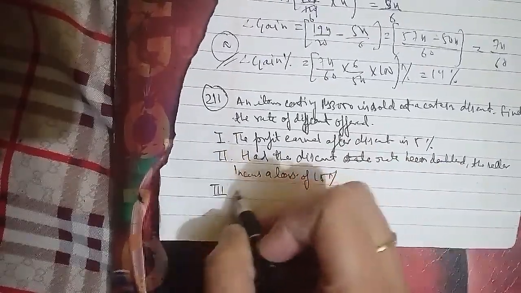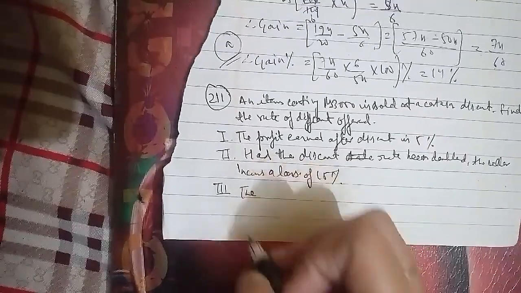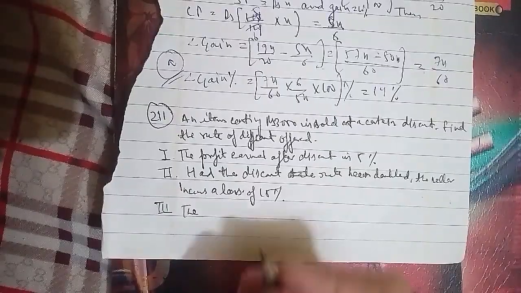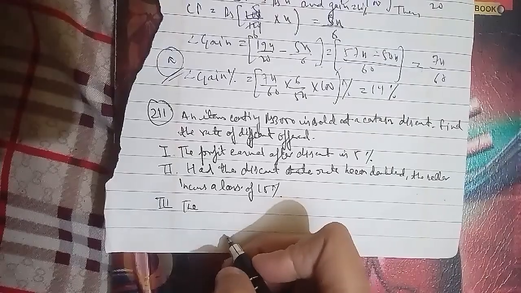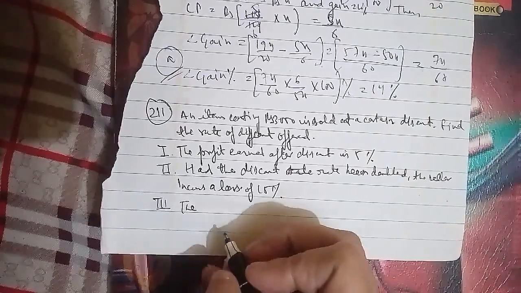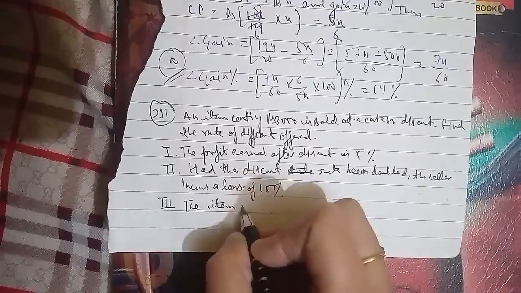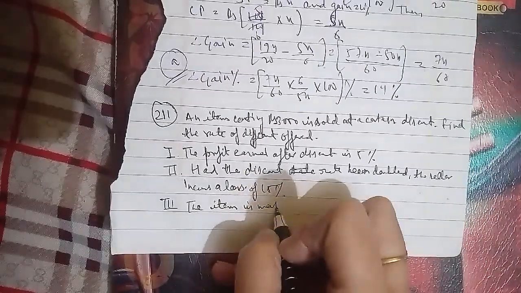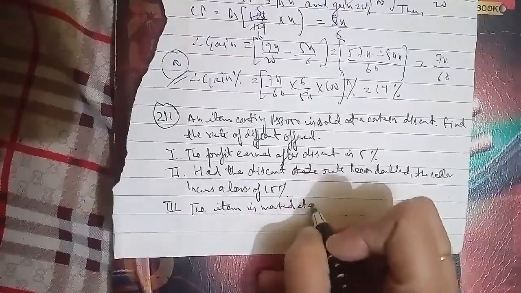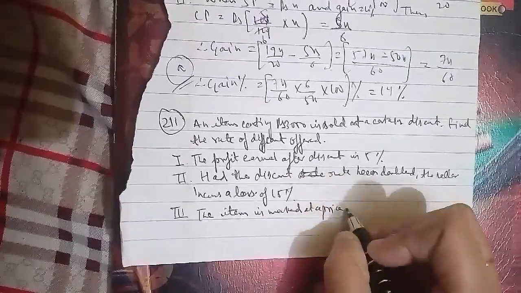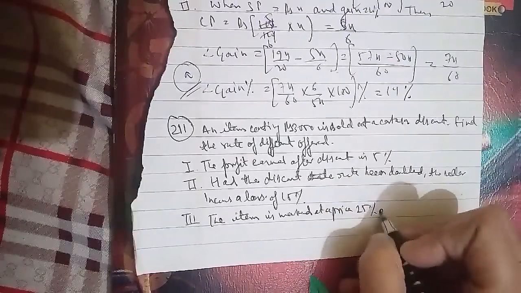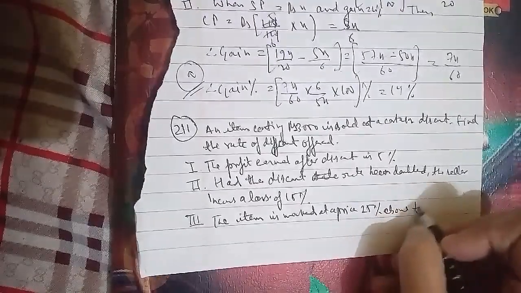Third, we have that the item is marked at a price 25% above the cost price.